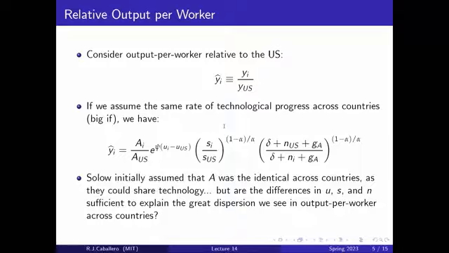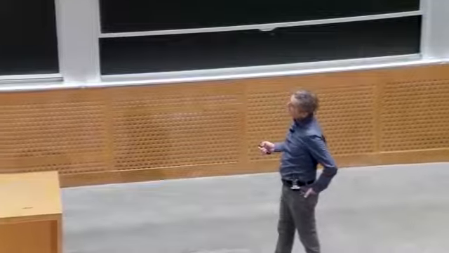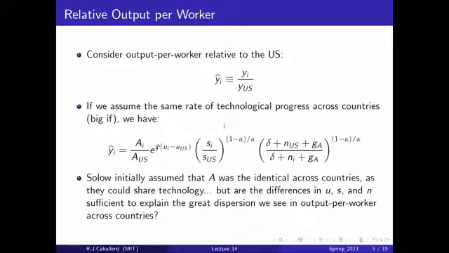So Solow did something like this and said, okay, assume that technology is the same across the world because, at least for major economies, technology can be imported and we can have more or less the same technology across the world. So assume that this A is equal to 1 and that both Singapore and the US have the same rate of growth, okay?